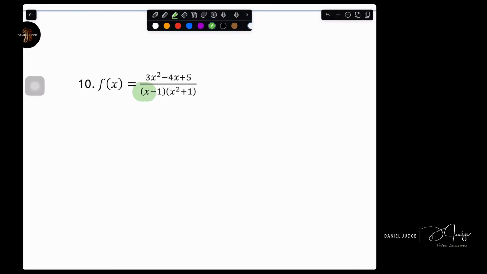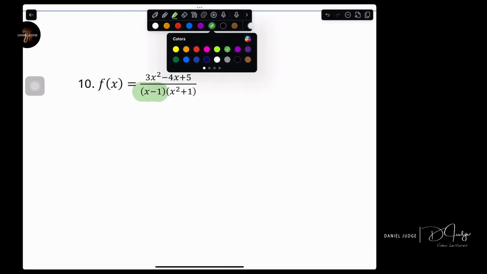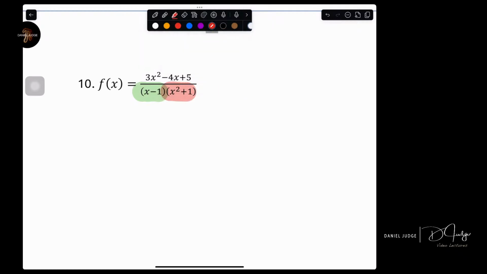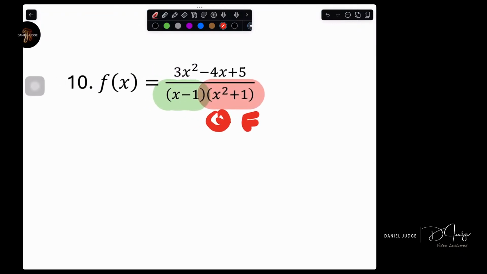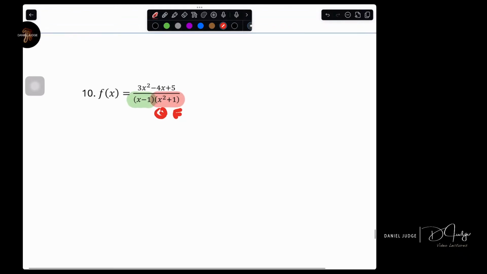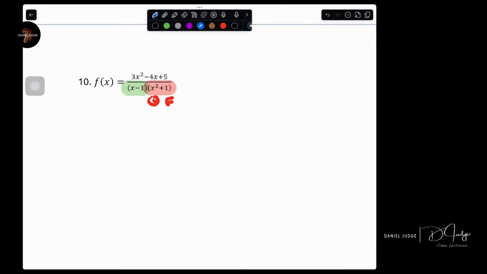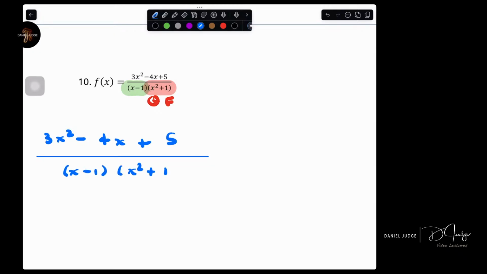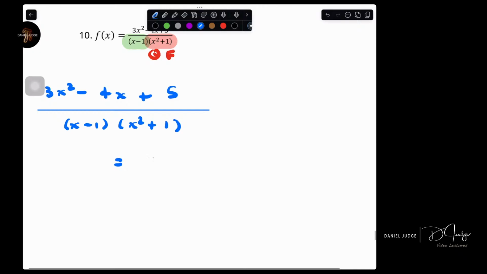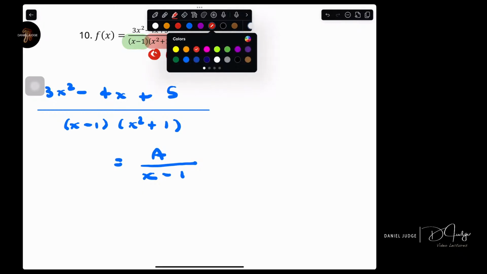Next example, you have a linear factor, and now you have a quadratic factor, and that quadratic factor is not factorable. All right, so this will equal, if I write it down, for the first linear factor, we just put the constant a over x minus 1.